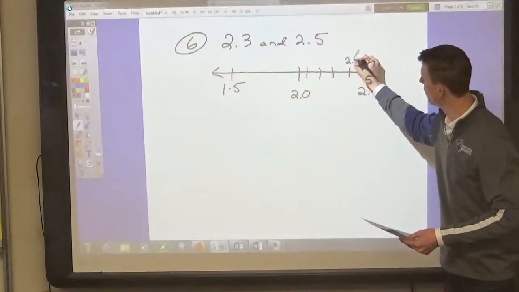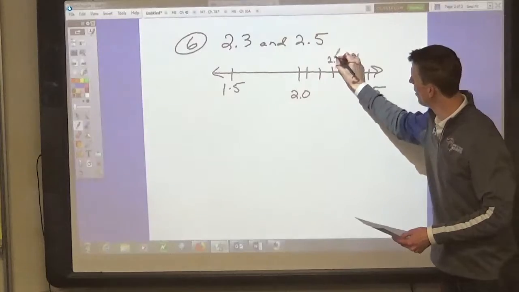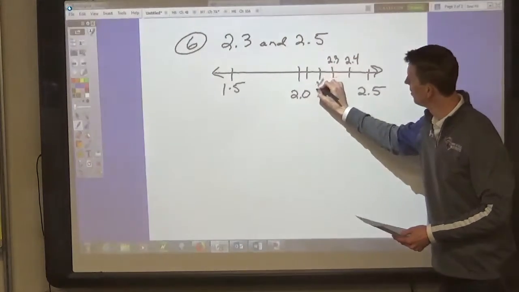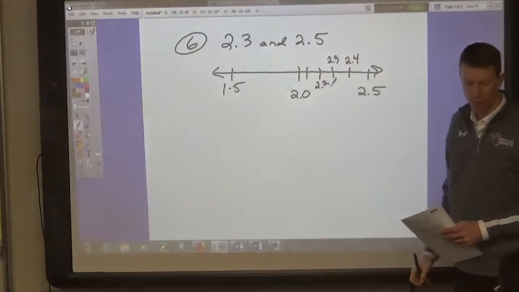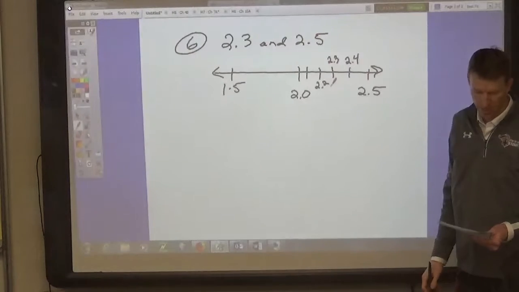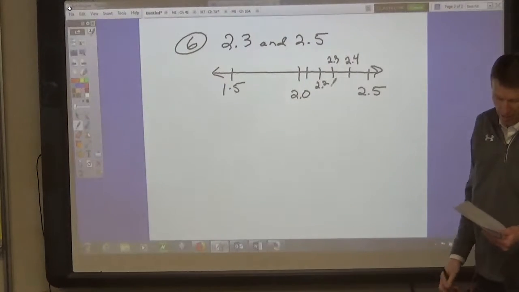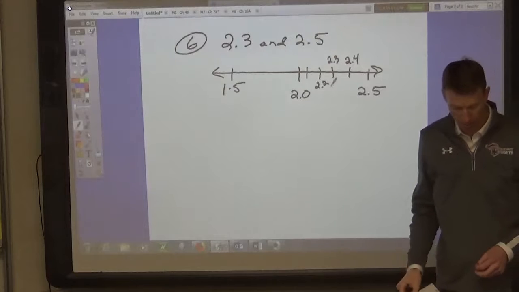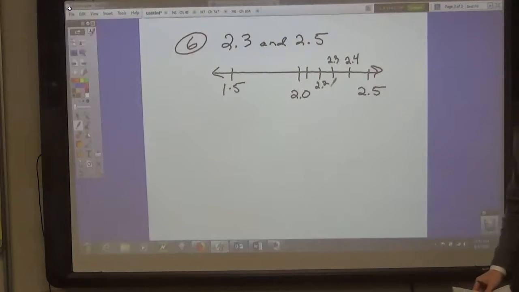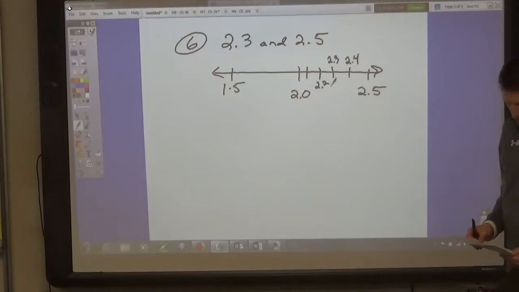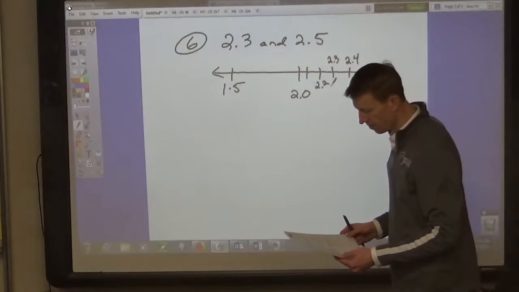So 2.4, 2.3, 2.2, and so on. It says use the number line to find the two given numbers. So I want you to label the number line, and then mark the number and write it down. Okay? Any questions on that section?